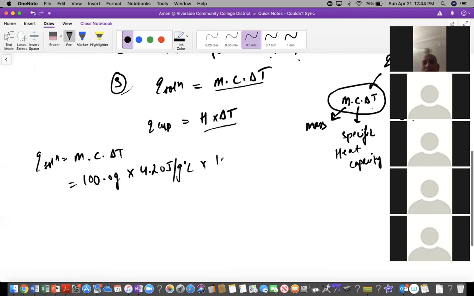When you plug that into the calculator, you get 462 joules. That's my Q solution.